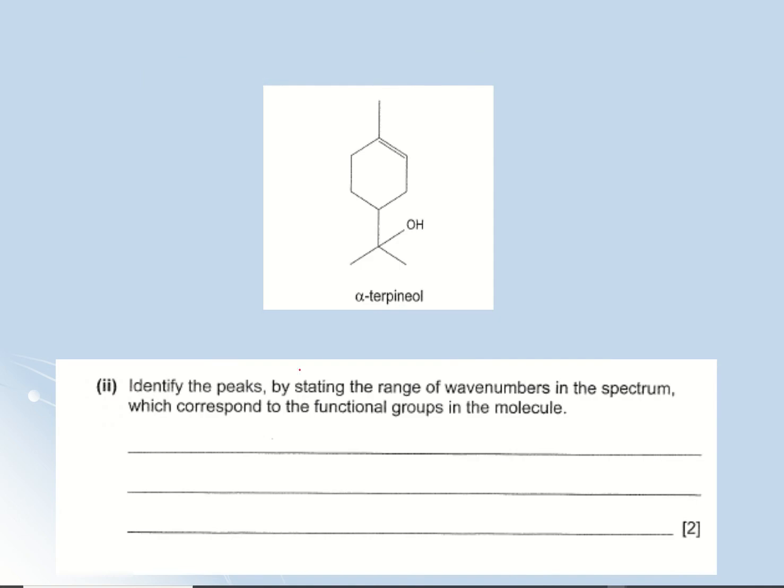Right, identify the peaks by stating the range. So we've got to state the range of wave numbers in the spectrum which correspond to the functional groups in the molecule. Let's get the functional groups in the molecule first. We've got an alcohol and a carbon-carbon double bond. So dead easy, identify the peaks.